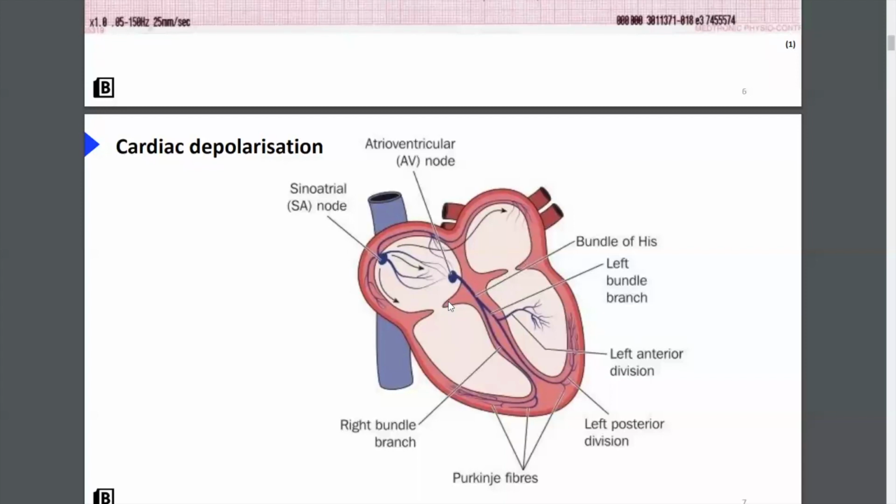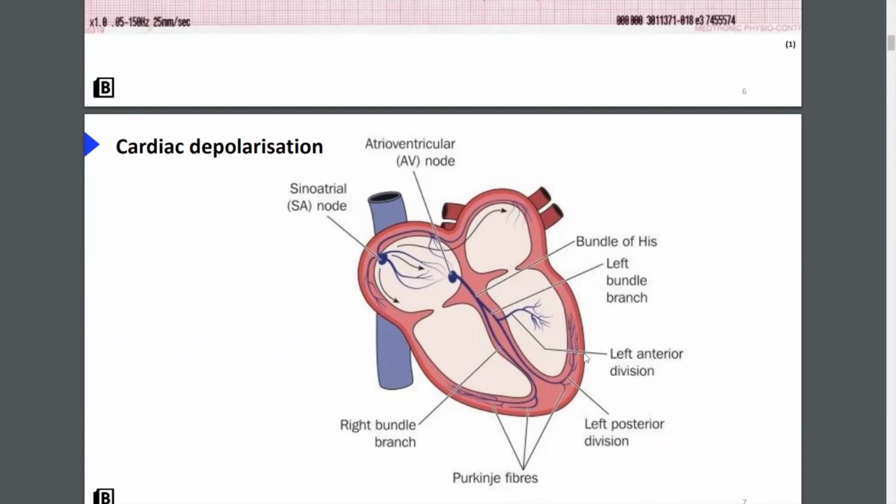The atria contract, no problems there, and then there's a slight delay at the atrioventricular node. Current or depolarization then passes through the bundle of His, down the right and left bundles, through the Purkinje fibers, and through the ventricles.